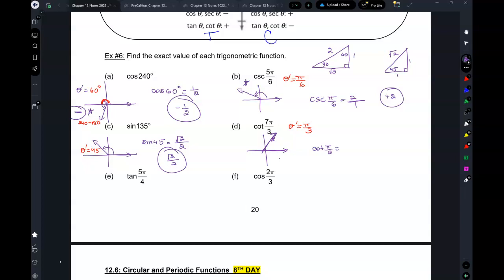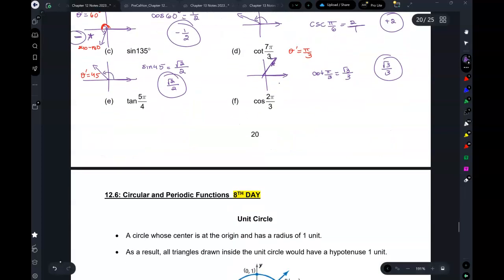So cotangent is adjacent over opposite, 1 over root 3, which is root 3 over 3. Okay? All right. In this quadrant, everything is positive, right? So it's just root 3 over 3.